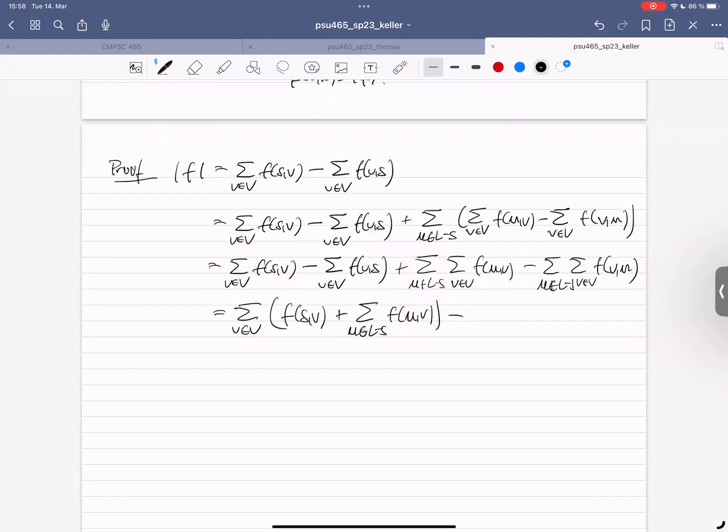Summarize this into minus the sum over, again, V. Let me write this in a new line.